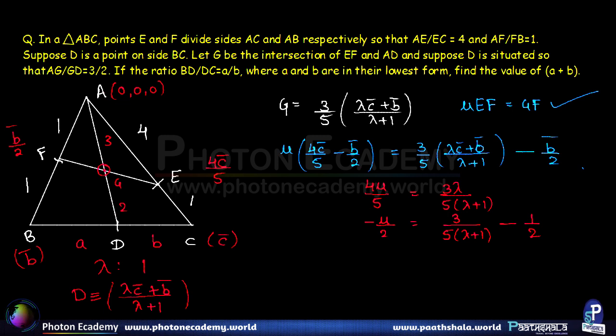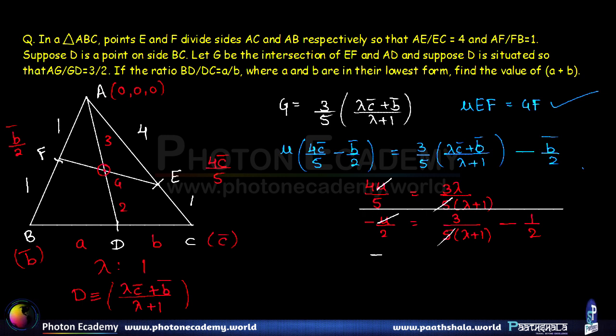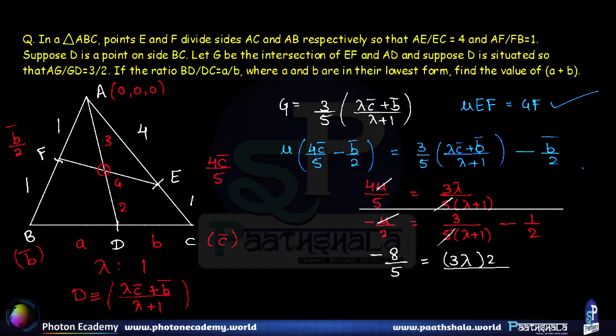Okay. So now to solve this, let us divide both of these equations. So mu will get cancelled and we are left with only lambda. So let's write down the equations. 5 also gets cancelled from here, and we have minus 4 into 2, 8, minus 8 by 5 is equal to 3 lambda into 2 upon 1 minus 5 lambda.